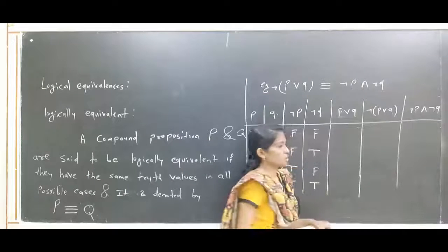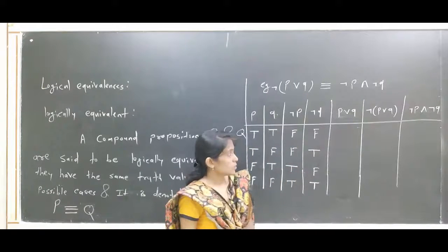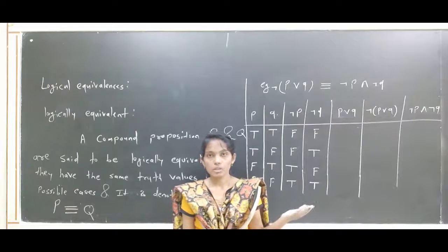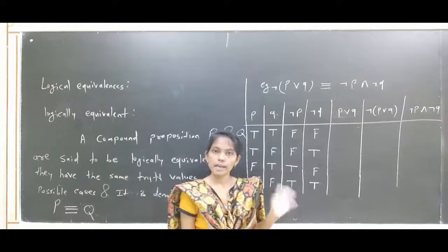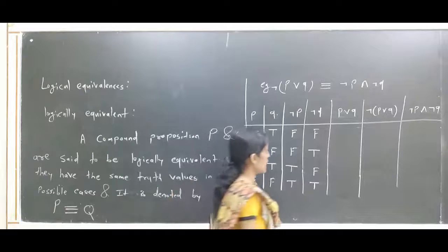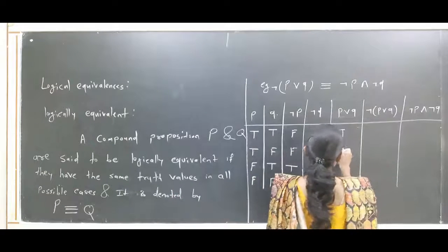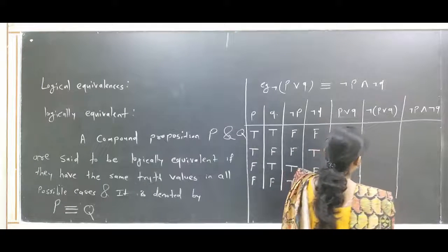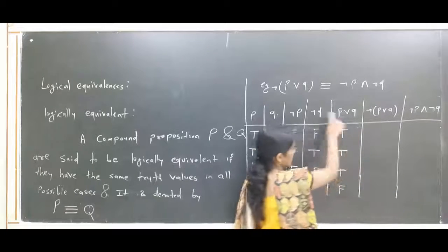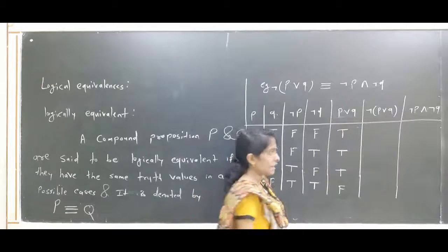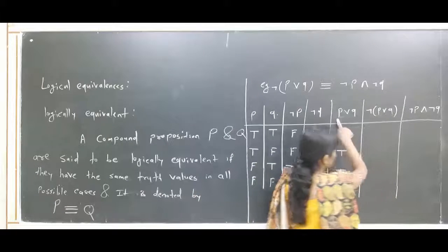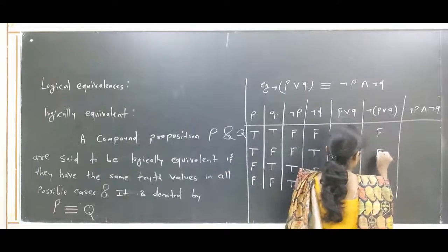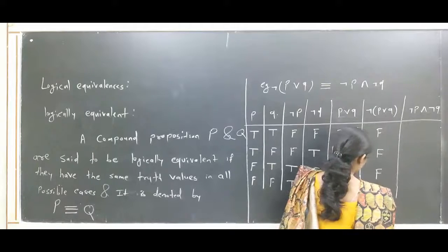Now P disjunction Q, we already saw this table. If both P and Q are false, then it is false, otherwise all are true: true, true, true and false. Now we take the negation of P or Q, so we get false, false, false, true.